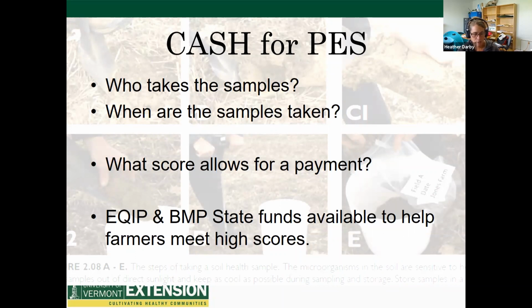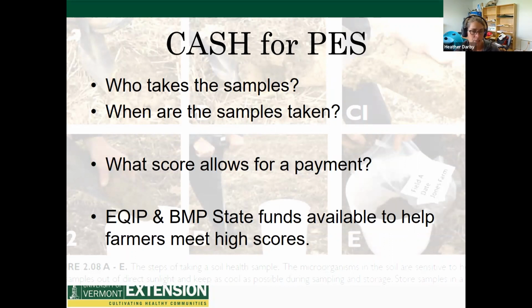In my own personal opinion, we already pay people to overcome these resource concerns or these constraints, right? So we already have programs like EQIP and BMP state funds that are there to help people really improve soil quality, like cover cropping and no-till, different manure management practices, crop rotation. So we already have funds in place to help people make improvements.